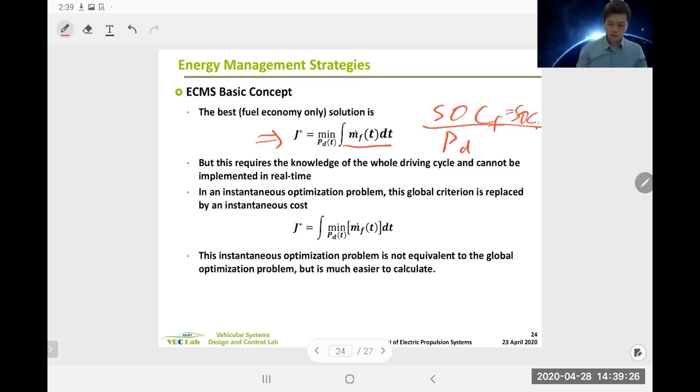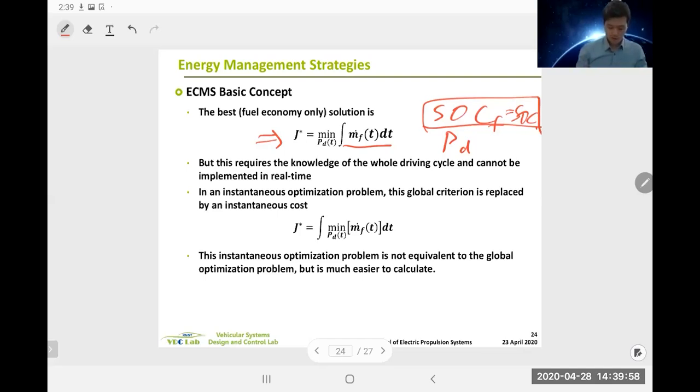So using the battery should also be considered a cost. It's a future cost. We are not sure how much fuel we're going to need to refill the battery, but it's going to be a cost eventually. So that's the main concept.